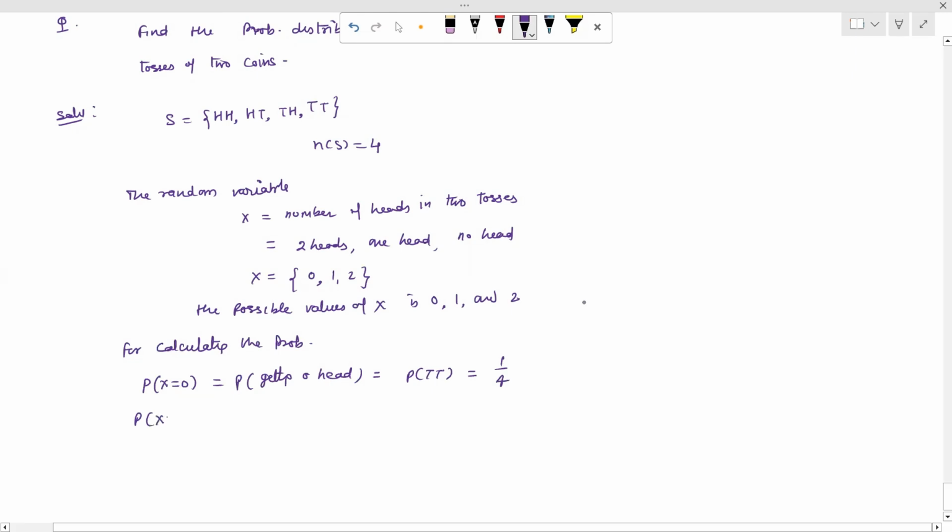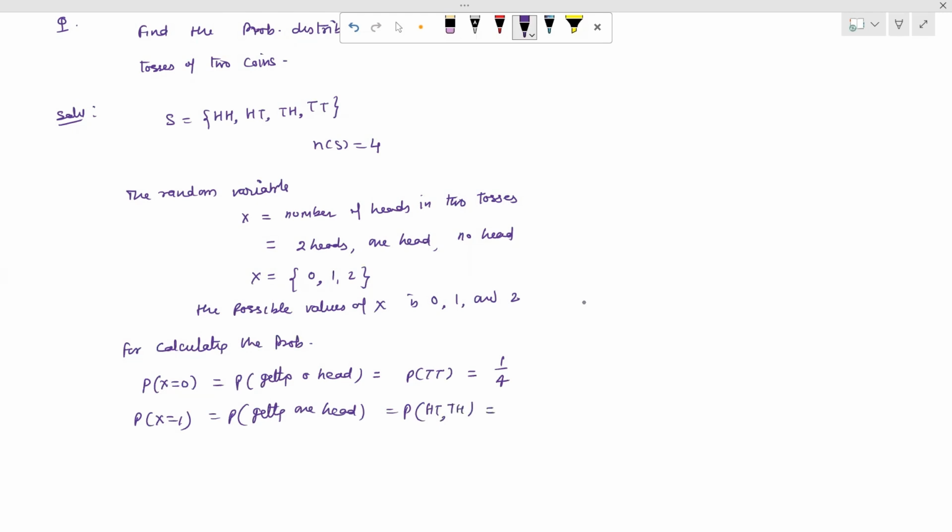Second, the probability of X equal to 1 means the probability of getting one head. How many elements are there for getting one head? There are two elements: one is head-tail and the second is tail-head. So two elements, and the possible outcomes are 4, so n(S) equals 4.